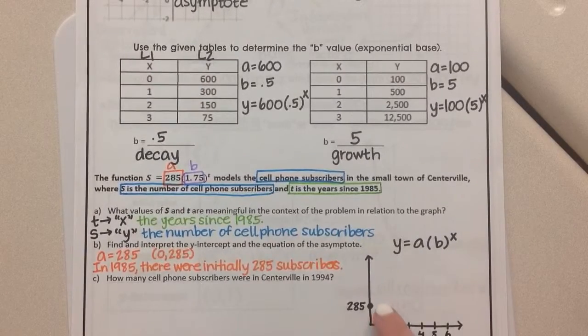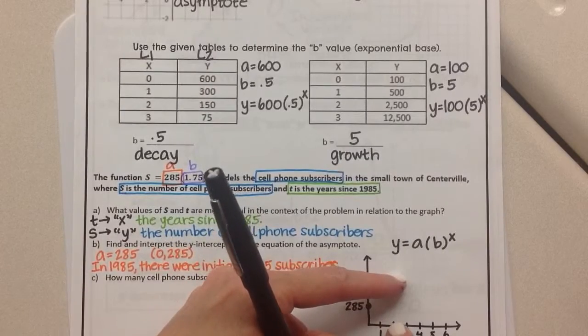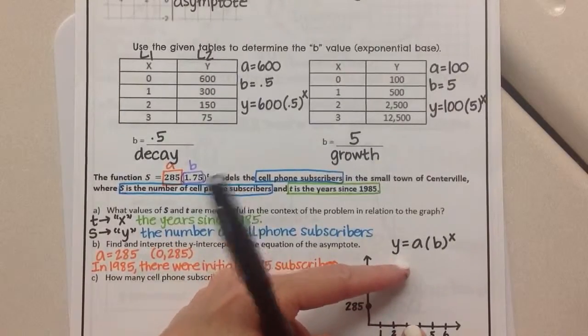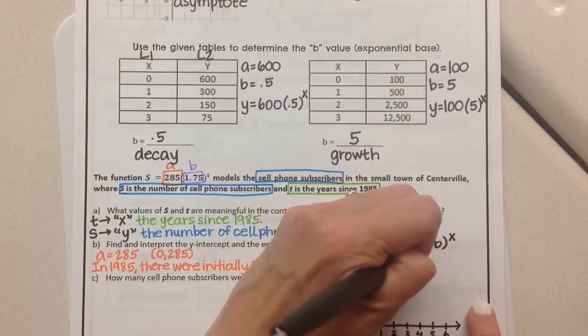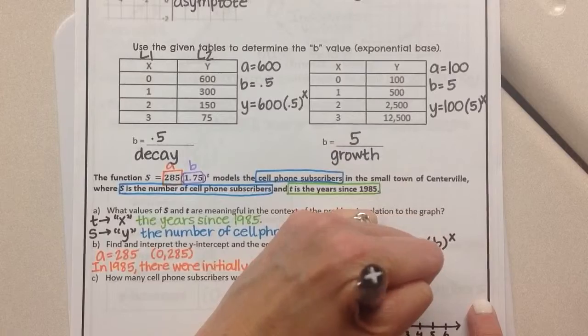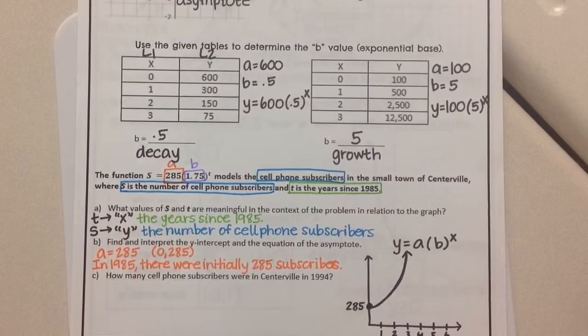So if I start at 285 and I know that I'm growing, my graph is going to get bigger. I'm going to have more subscribers 1 year after 1985, more subscribers in 1987, and more subscribers in 1988. And it's going to curve up and go this way, because I don't know that it's growing by the same number every year. That's why it's got a curve to it.